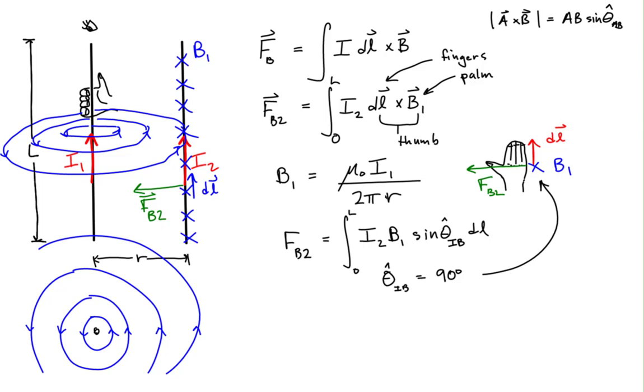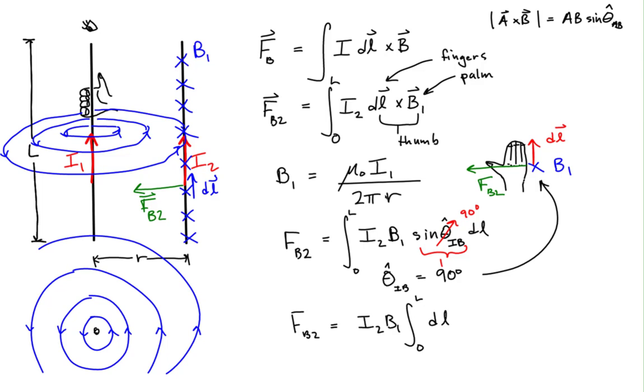Because it's 90 degrees, we know that the sine of 90 degrees is equal to 1. And since our current and magnetic field are constant, we can pull those outside of the integral, and we're left with the integral of dl.